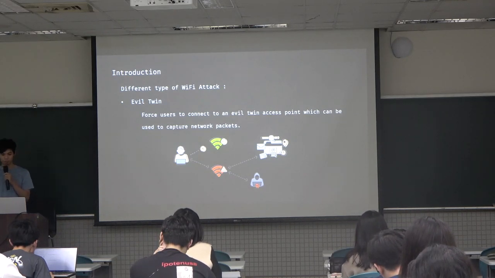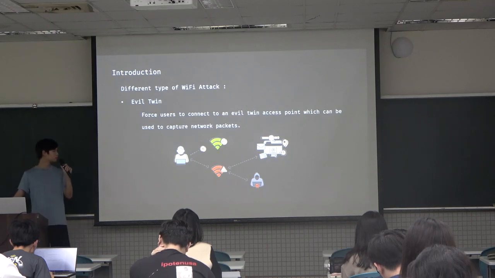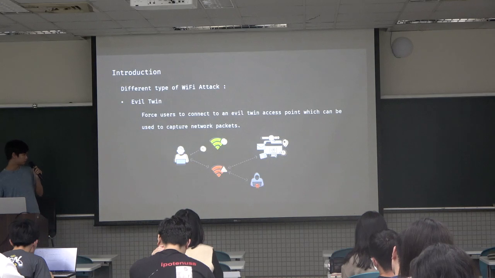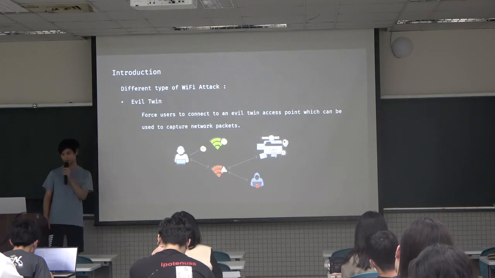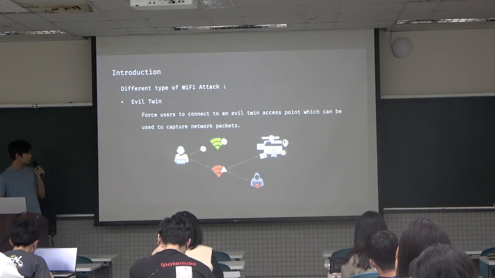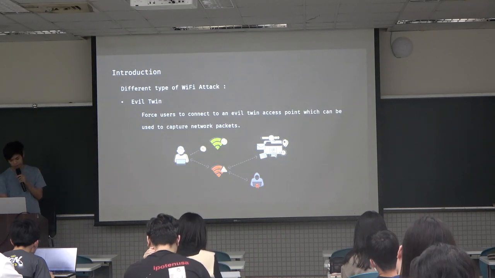So users may connect to the wrong AP that is controlled by the hacker, and the hacker can monitor your internet flow or your data.